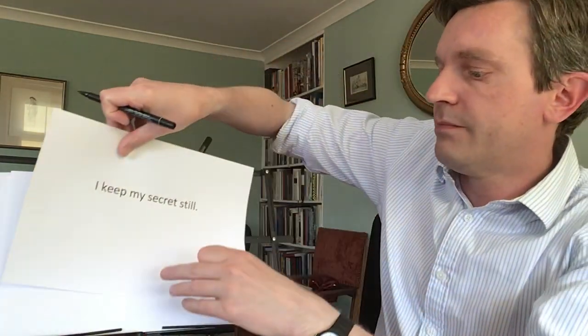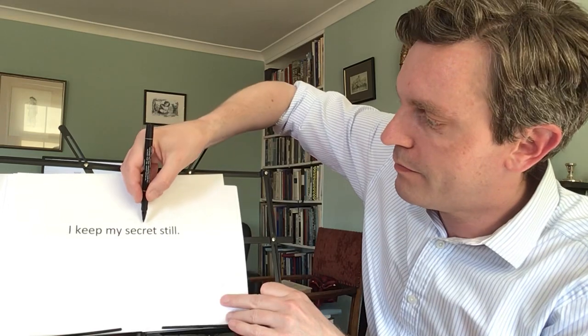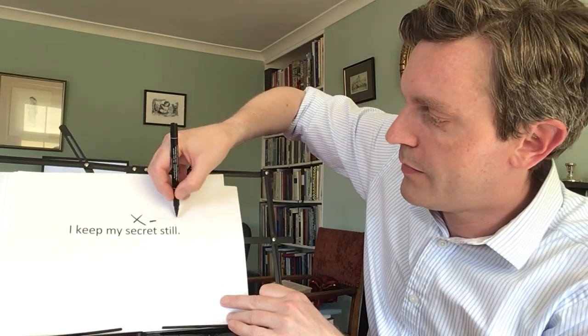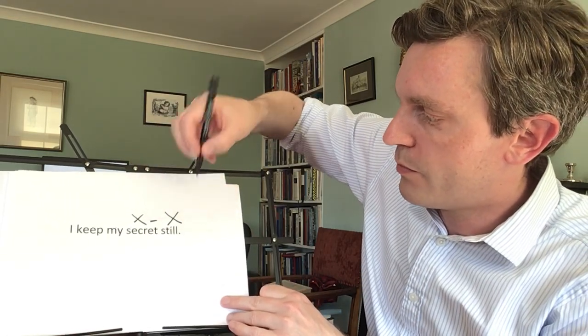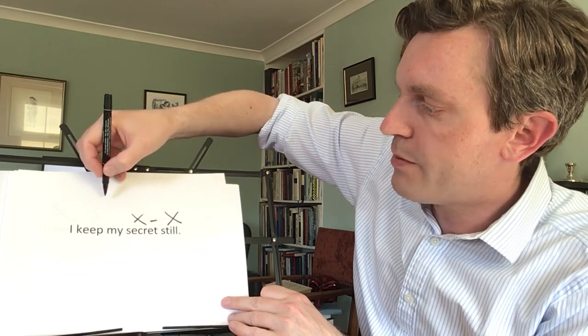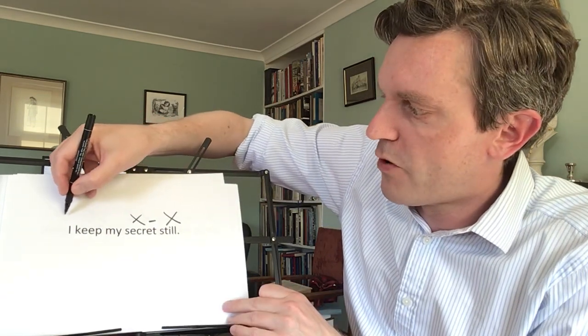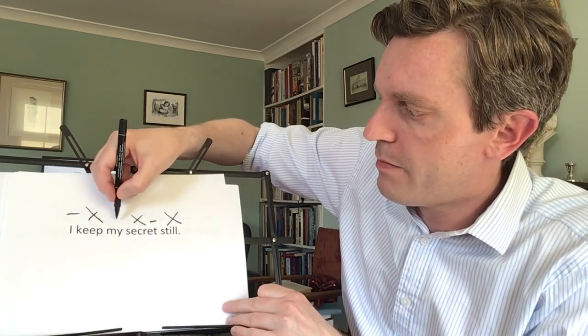And then finally, we have I keep my secret still. So we've got two syllable words. Secret, is that secret or secret? Secret. Still, nice important word, giving stress. I keep my secret still. You could stress I keep my secret still, but I think you just go, I keep my secret still.